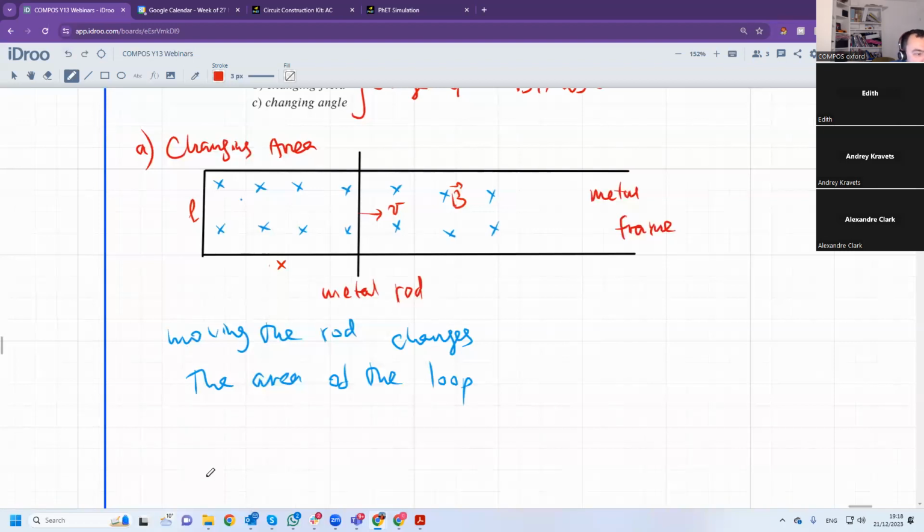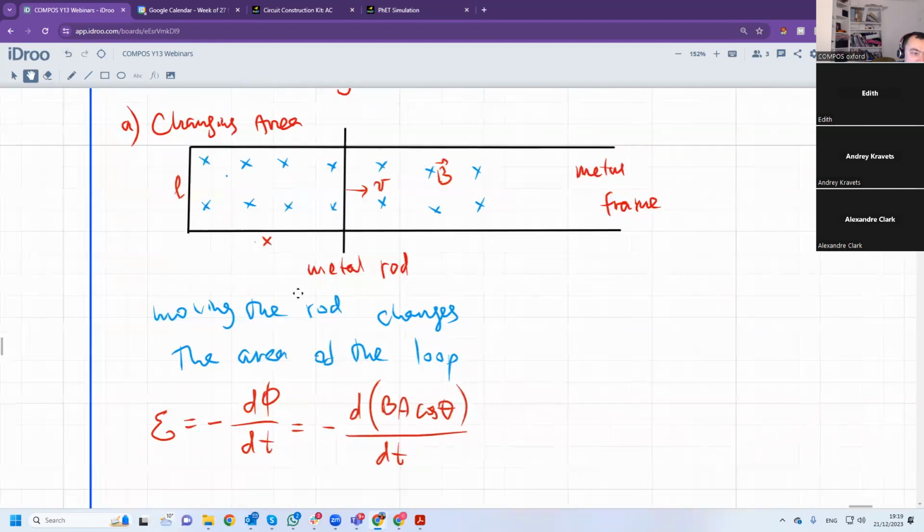All right, so the EMF is equal to minus d phi over dt, minus d BA cos theta divided by dt.